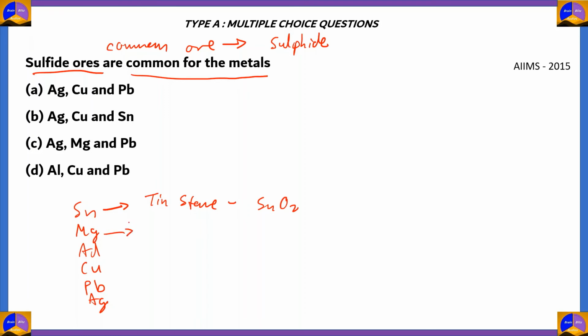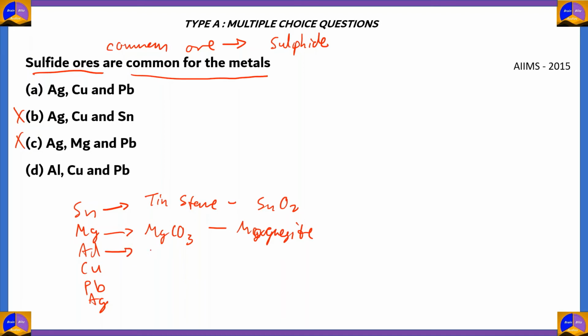And for magnesium, the most common ore is MgCO3, magnesium carbonate, which is magnesite. So far, both of these are not sulfide ores. So that means options B and C are incorrect.